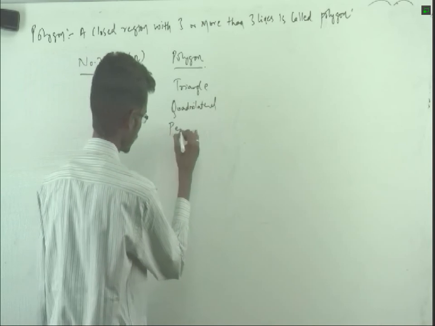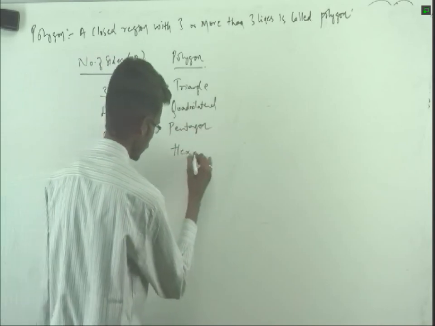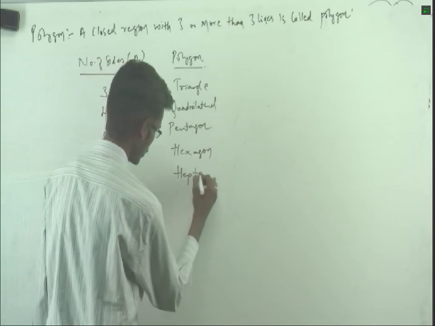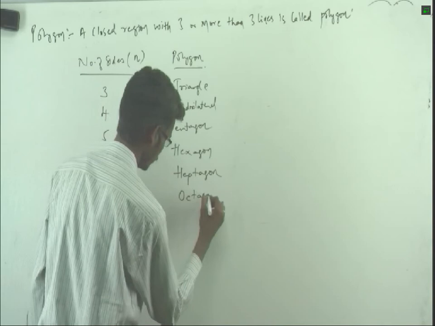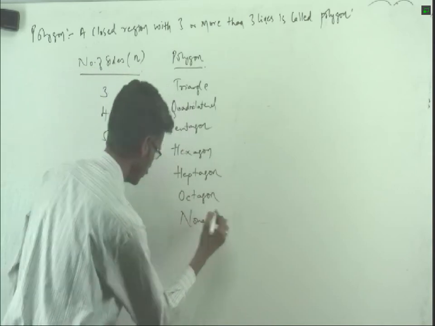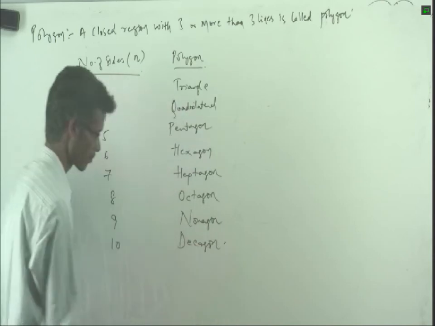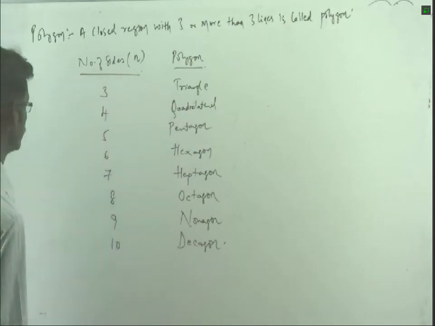Five sides, pentagon. Six sides, hexagon. Seven sides, heptagon. Eight sides, octagon. Nine sides, nonagon. 10 sides, decagon. This is how the classification has been done.